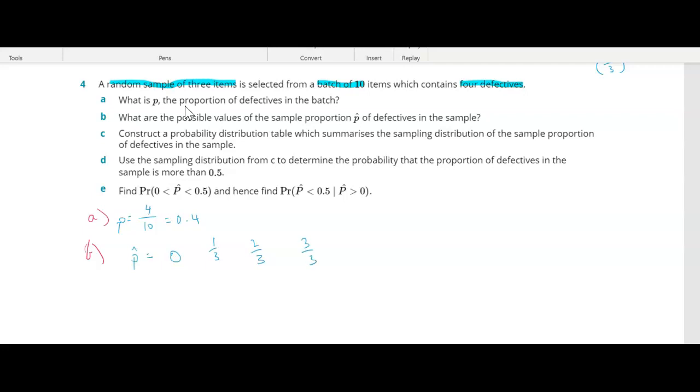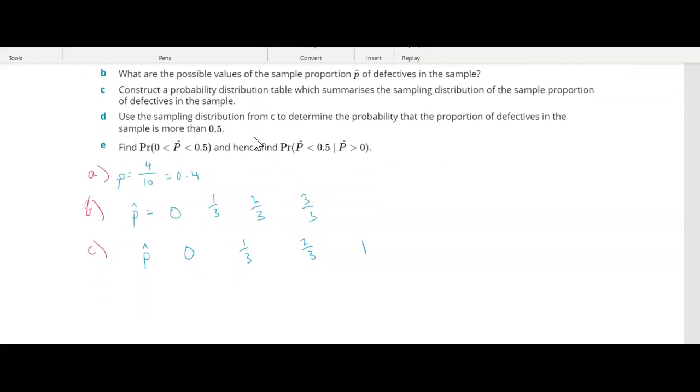All right, so question C, construct a probability distribution table. So very similar to what we did before. We can have 0, 1 over 3, 2 over 3, or 1. And we need to work out the probabilities.